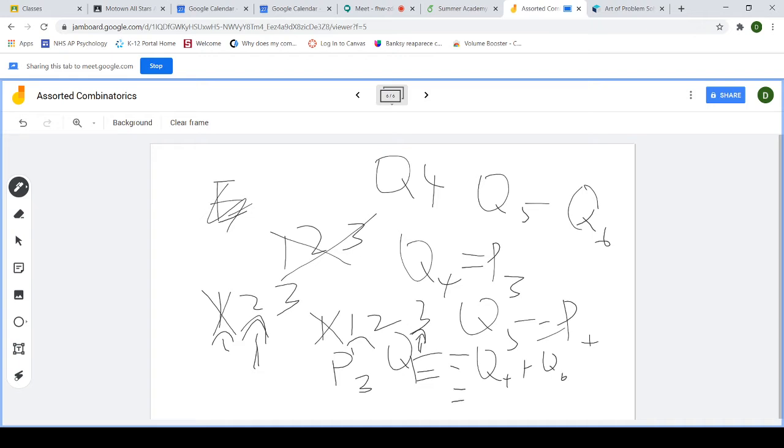This is equal to P3 plus P5, and so on. So we have immediately that QE is equal to O. And we can do a similar thing to get that QO is equal to E.